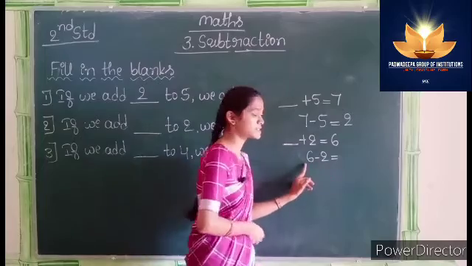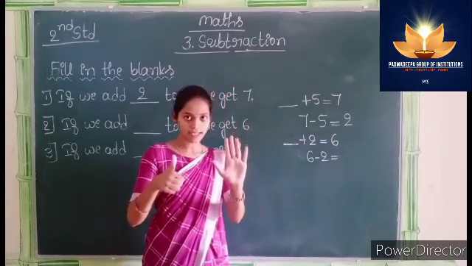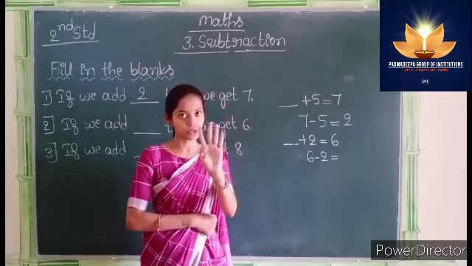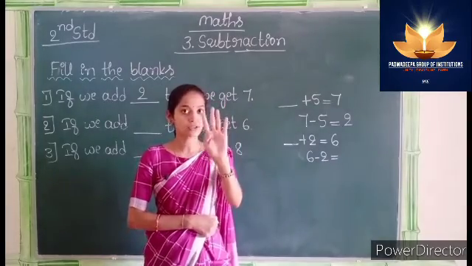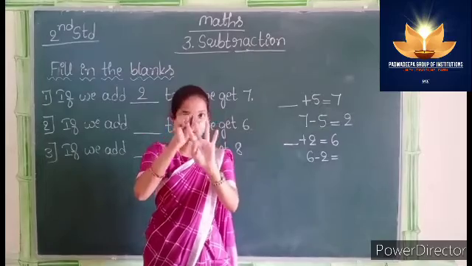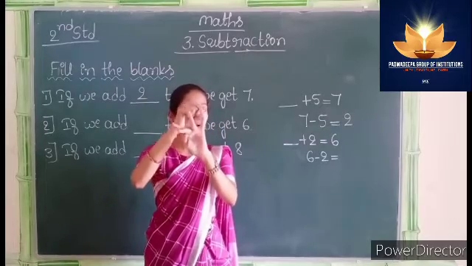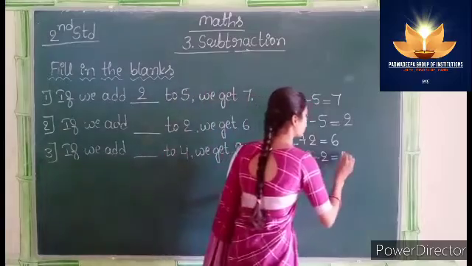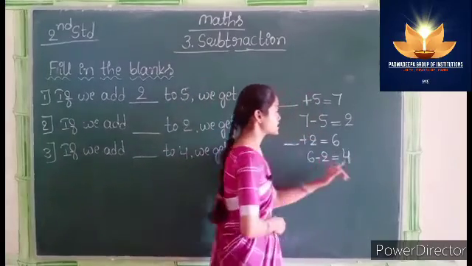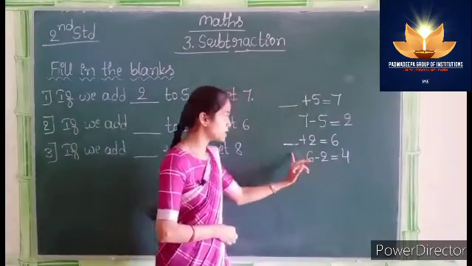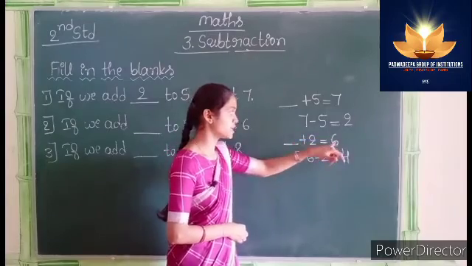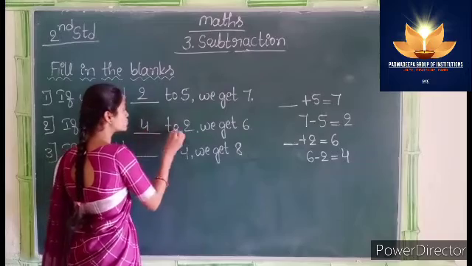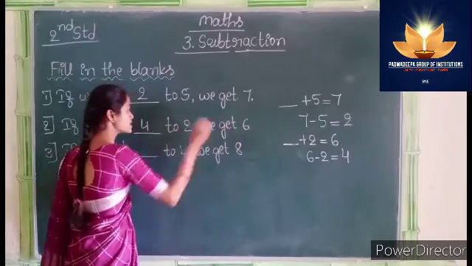Subtract 2 from this 6. 6, we have to remove 2. 1, 2. How many fingers are left? 1, 2, 3, 4. 6 minus 2, we get 4. And this 4 should be added to 2. Then we get 6.